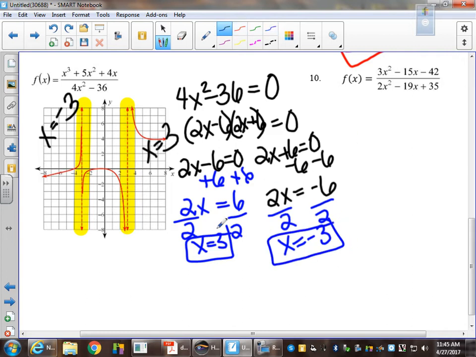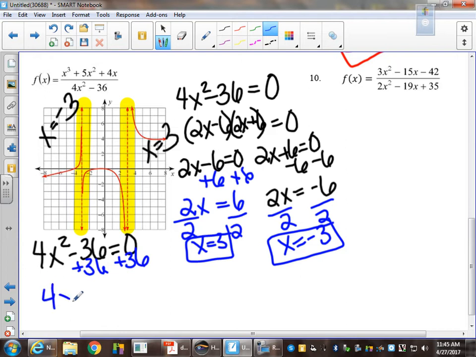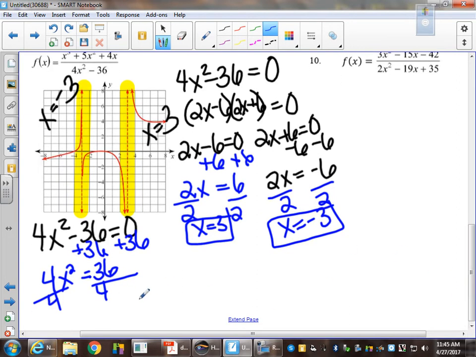If we solve it the other way, you can solve by square roots. So if you have 4x squared minus 36 equals 0, and you add 36 to both sides, you get 4x squared equals 36. We can then divide by 4. So we get x squared equals 9.